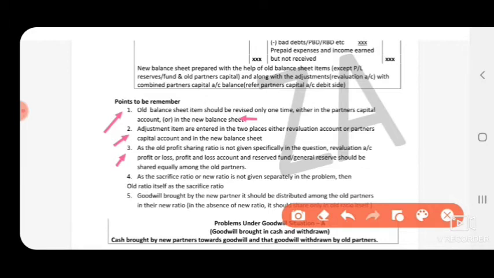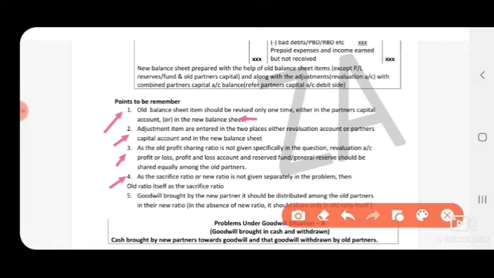Next, third one, as the old profit sharing ratio is not given specifically in the question, revaluation profit or loss, and reserve fund, general reserve, accumulated profit or loss should be shared equally among the partners.